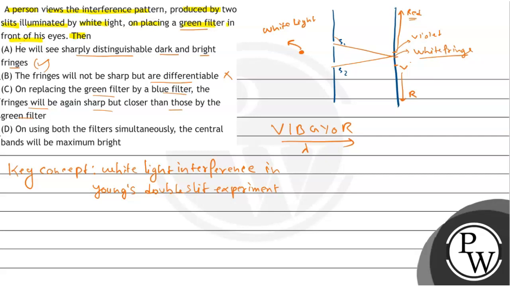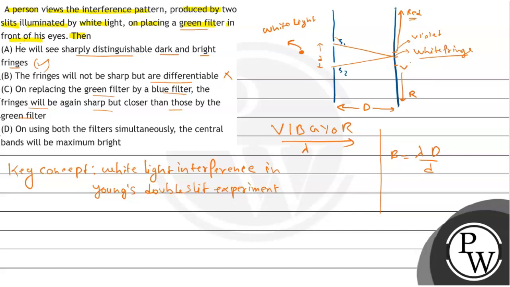So now we know that beta, that is the fringe width, is lambda D by d, where small d is the distance between the slits and capital D is the distance between the slits and the screen, right? And lambda is the wavelength.